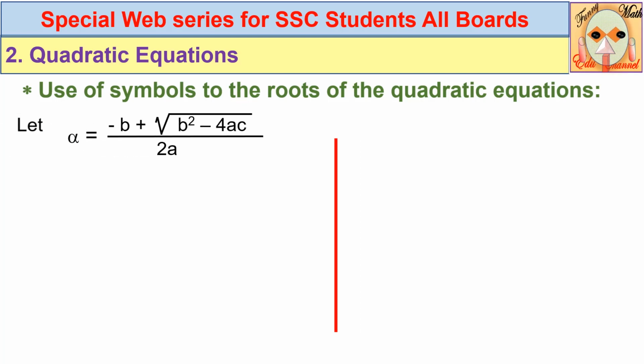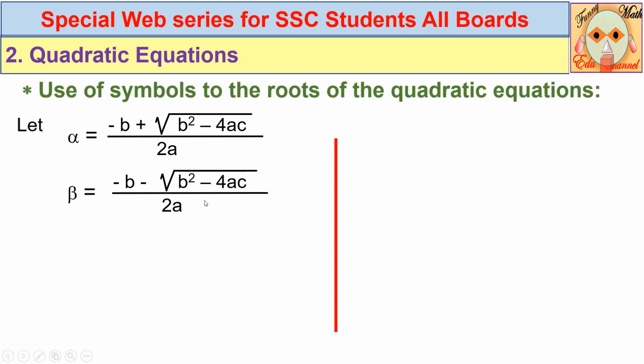The root with the plus sign I have considered, and we give it the name alpha. Similarly, let us suppose beta is equal to minus b minus under root b square minus 4ac, divided by 2a.